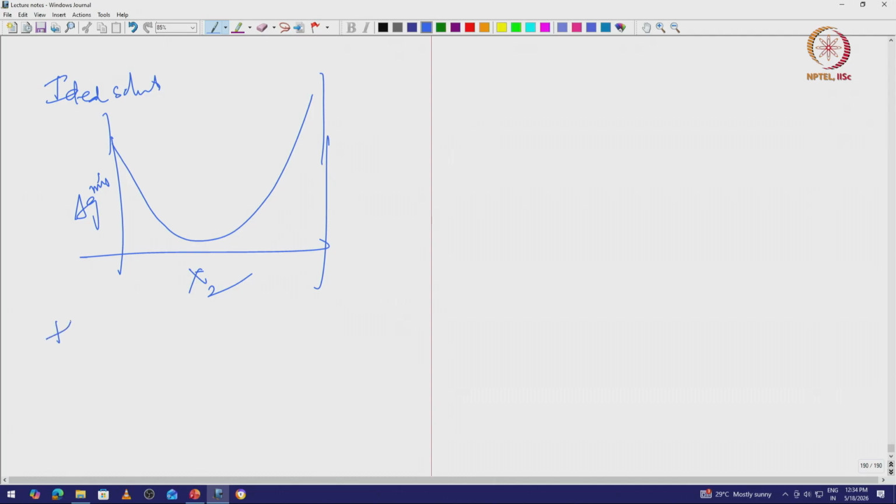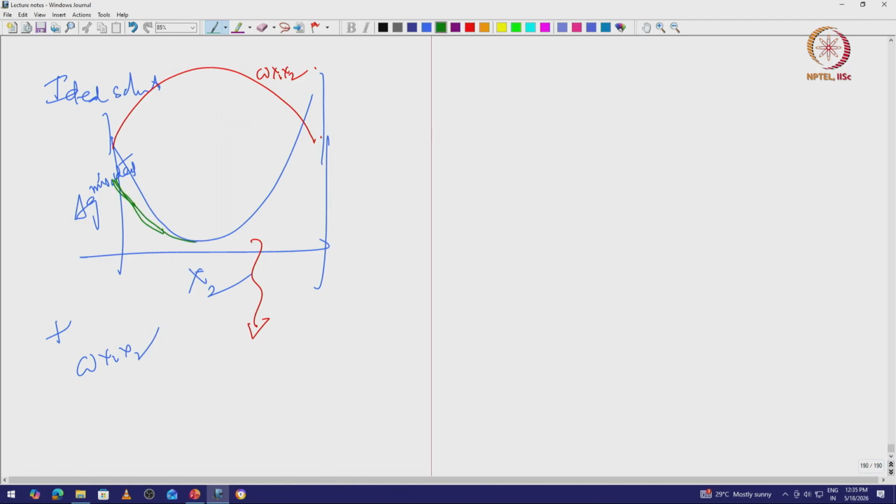To that I add omega x1 x2. Again, it's the same exercise that we have done earlier. So omega x1 x2 is going to be like this. The blue one is delta G mix ideal, this is omega x1 x2, and what results then is another curve with this shape.